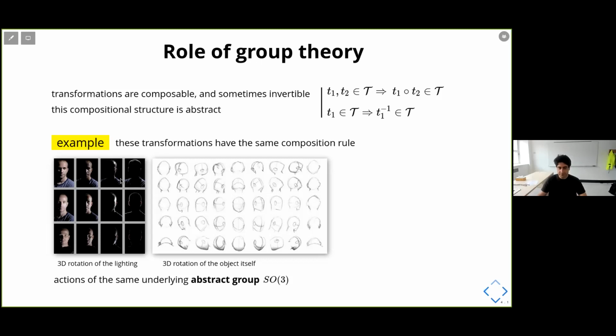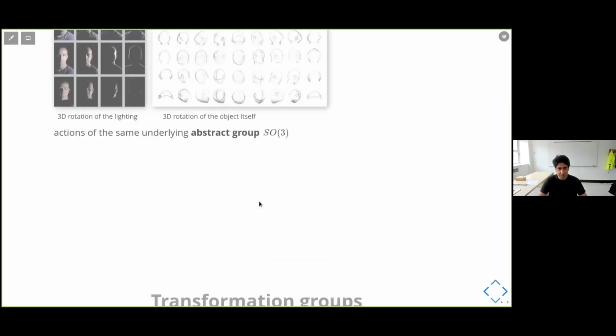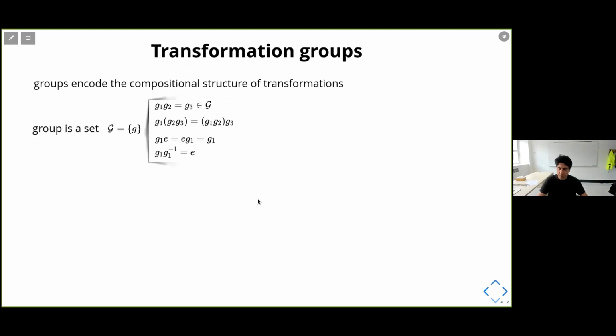In the other example, we have the same type of object, but now we are rotating the object itself, again using 3D rotations. In both cases, the composition rules are the same, but we have different transformations. So the abstract underlying group is SO(3), but the transformations are different.